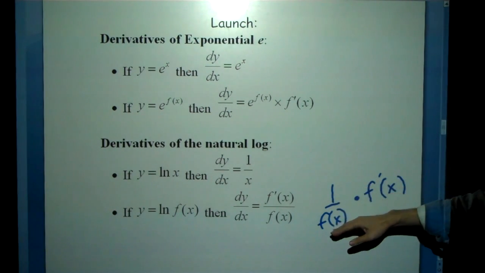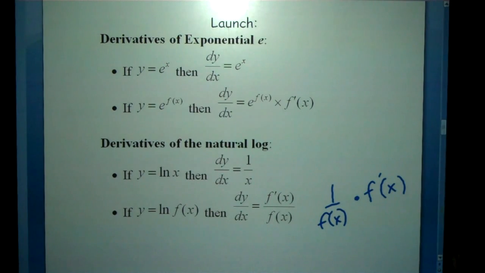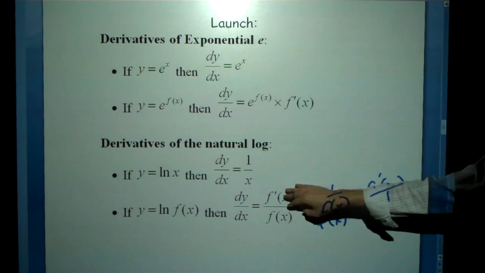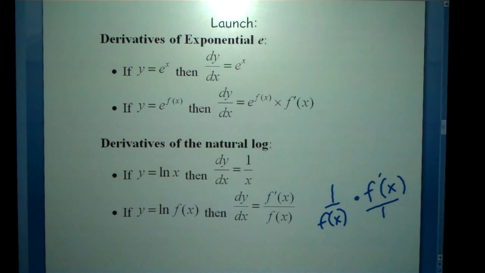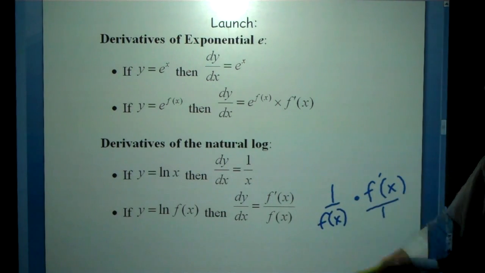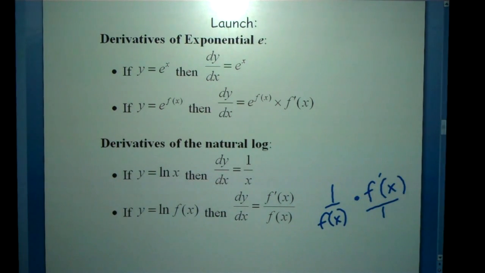So 1 over the stuff times the derivative of the stuff. And then when you multiply those together, multiplying fractions is easy, and you end up with the derivative of the stuff over the original stuff, or the derivative of the function that you were taking the natural log of divided by the original function that you were taking the natural log of.